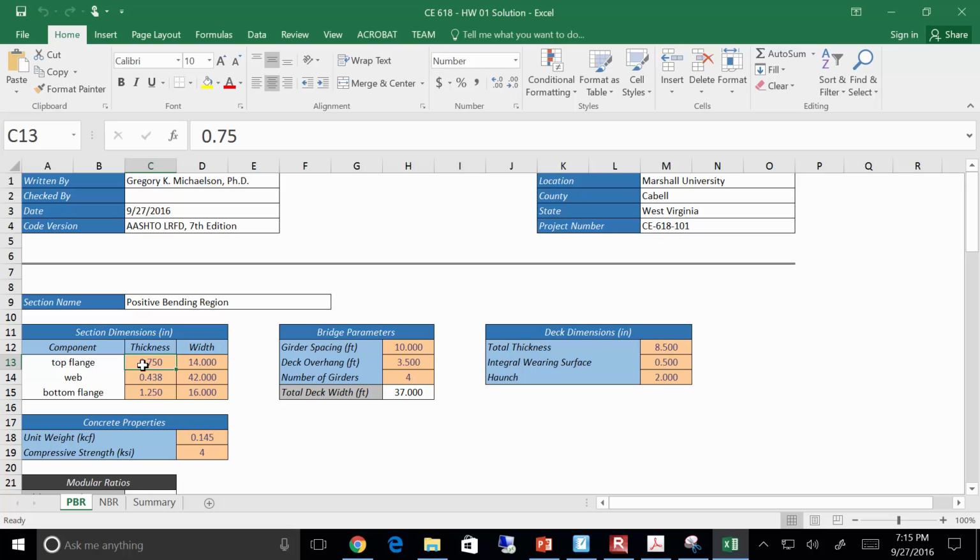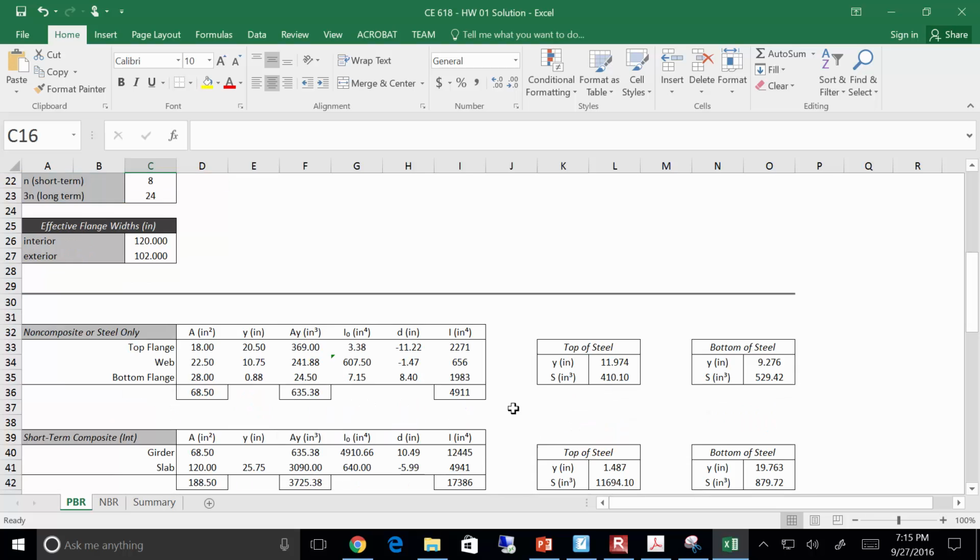Did I get that right? Yeah, 1.5 by 12. The web is what? 1.25 by 18. And then 1.75 by 16.